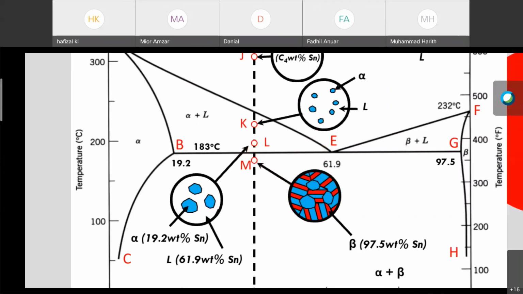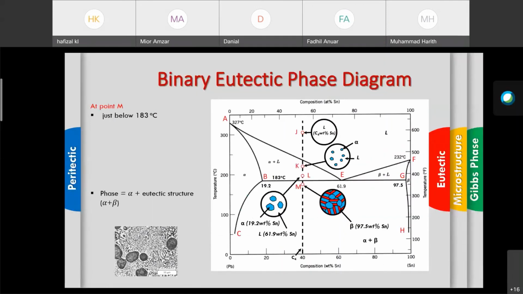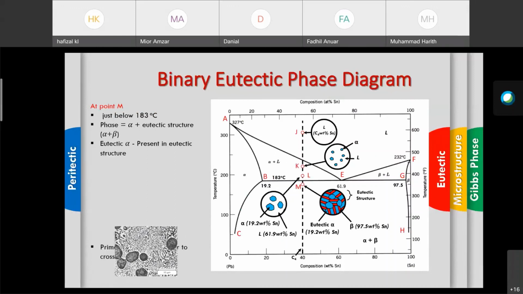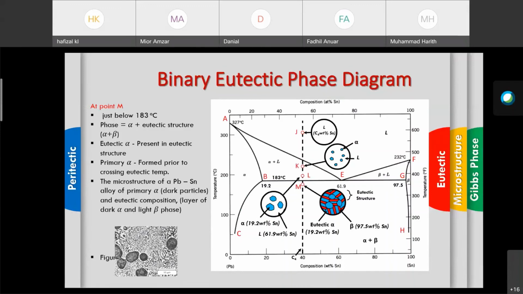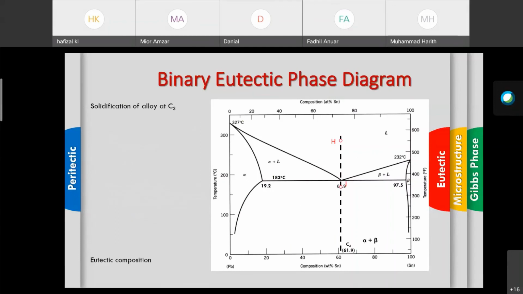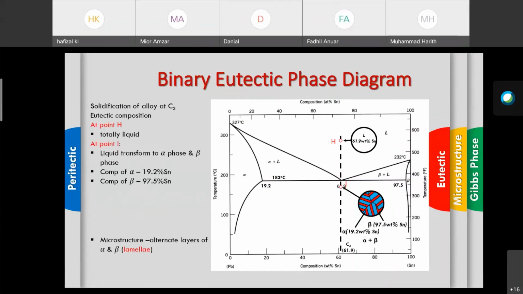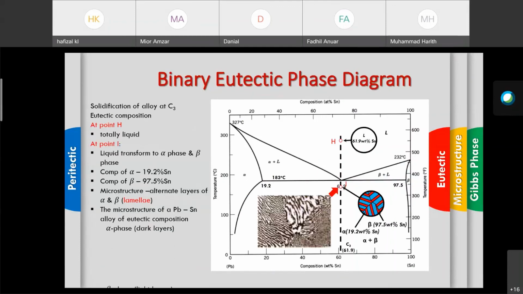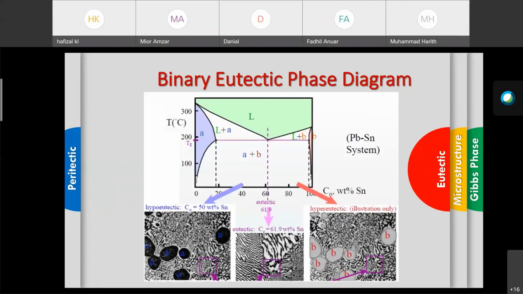Kan kita ada hypo-eutectic dengan hyper-eutectic kan, dekat situ. Kalau awak tengok yang ni, dia ada 3 region.